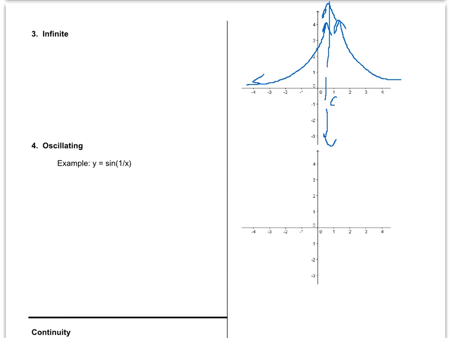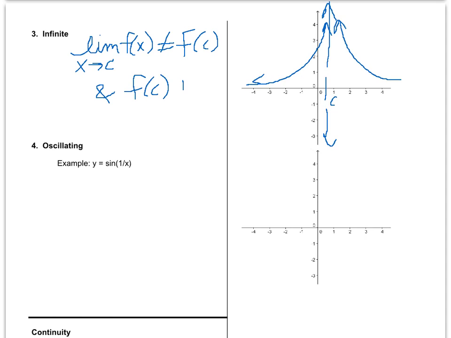So actually I forgot to write that over here. This would be the limit as x approaches c of f of x does not equal f of c, and additionally you would have to say f of c does not exist.